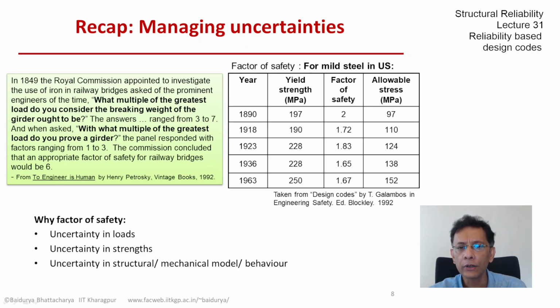So while this sort of trial and error evolution of the factor of safety was going on, and an attempt to use statistical data in estimating extreme loads was going on, we see the beginning of a new thinking in structural safety and structural design taking place.